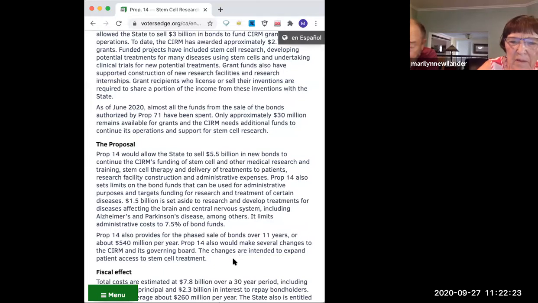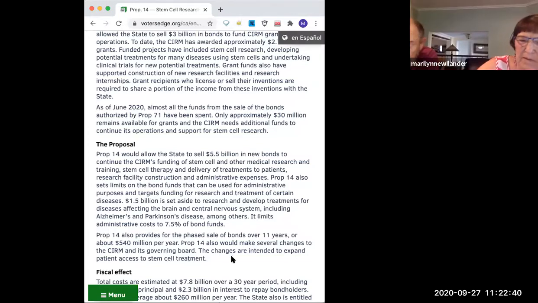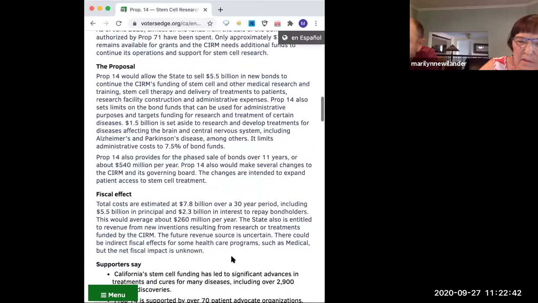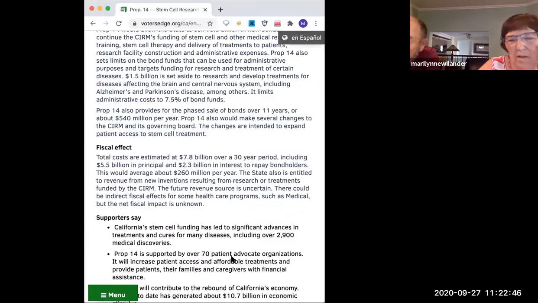Prop 14 also is going to phase the sale of these bonds. Rather than sell them all in 1 year, they're going to phase them out over an 11-year period, so the cost will be about $540 million a year. So the fiscal effect of this, of course, is going to be the cost of the bonds and the interest, which over 30 years will be $7.8 billion.